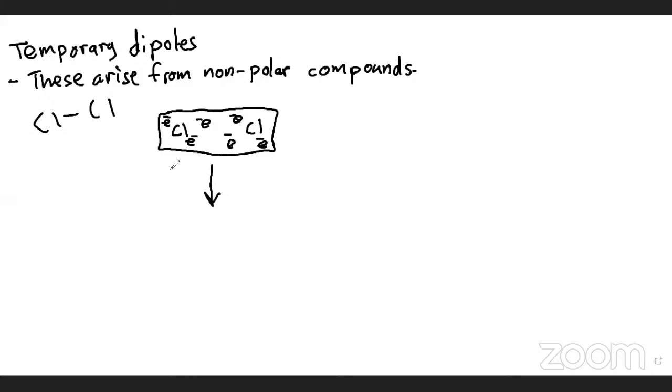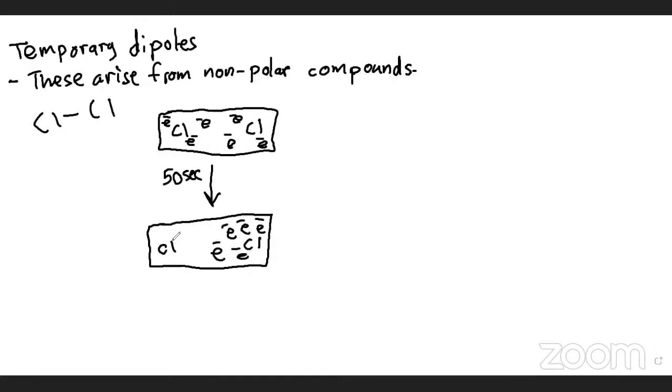So let us say, and this is just for explanation purposes, let us say the molecule started out like this, right? After 50 seconds, we have more electrons to one side of the molecule than the next.